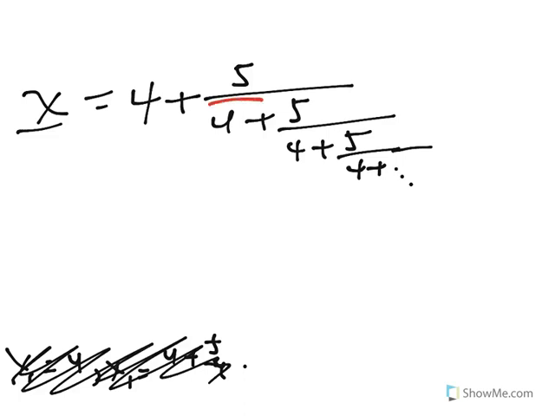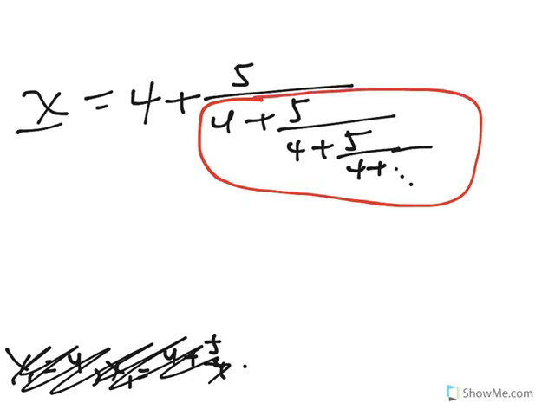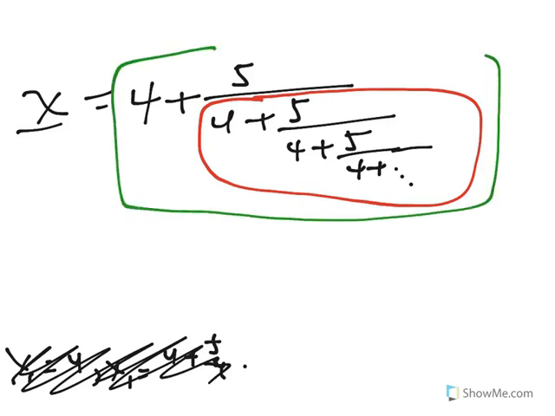Check this out. The expression in the denominator, 4 plus 5 over 4 plus 5 over, going on forever, is actually the same, because it's infinite, as the original expression itself.